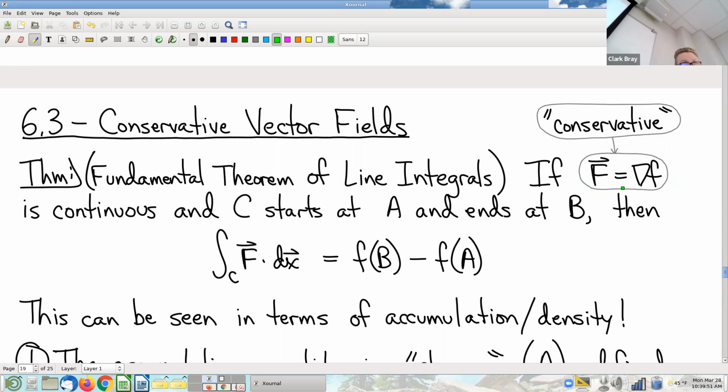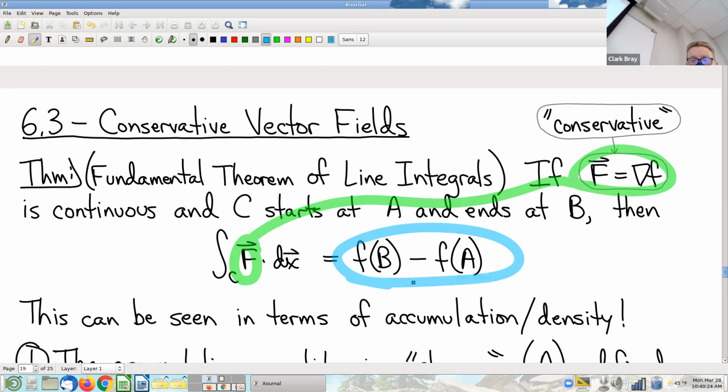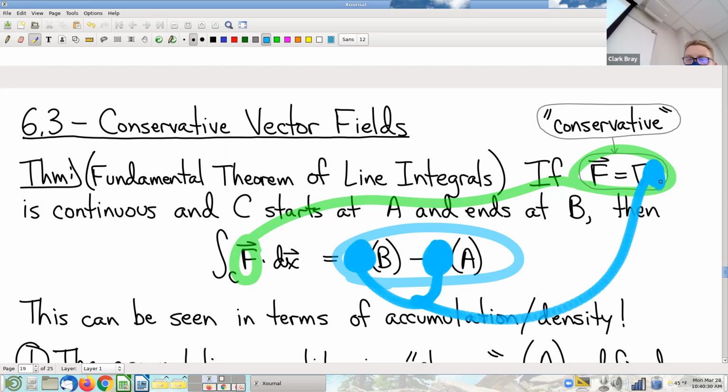Okay, so I'm going to start with the big theorem. The big theorem is called the fundamental theorem of line integrals. You'll note the analogy between this name and the fundamental theorem of calculus, right? In fact, they're shockingly similar theorems. So if your integrand is a gradient, then you can compute the value of the vector line integral as, well, it's f of b minus f of a, f being in particular the thing whose gradient is the integrand.